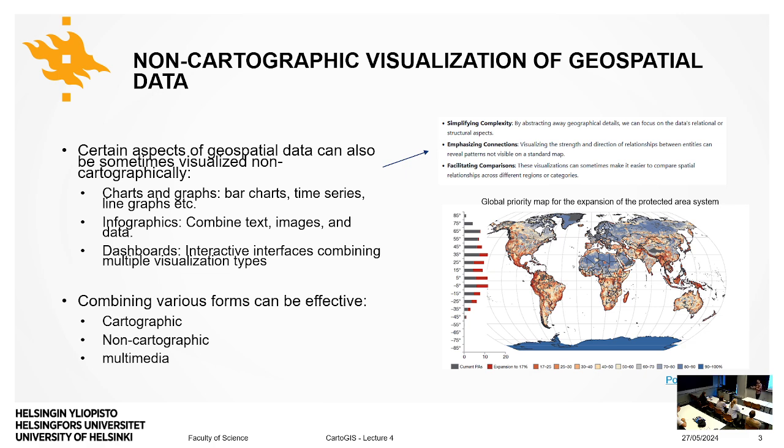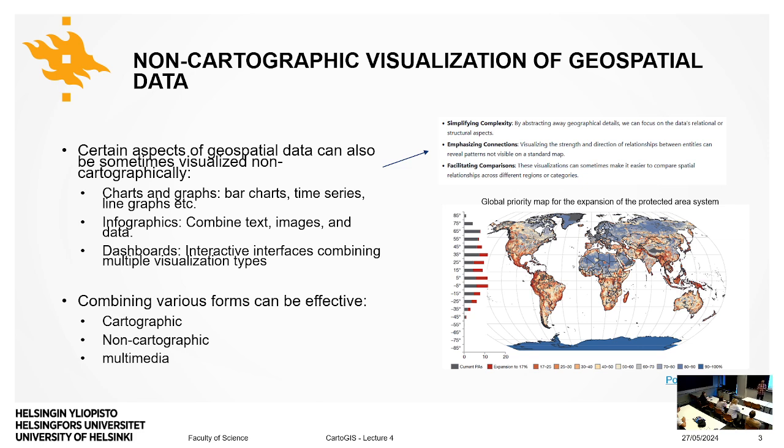This is, for example, something that they use in cities, like municipalities, for managing their data. They have this kind of GIS system, which very often provides a combination of cartographic and non-cartographic visualizations. And very often it is effective to combine various forms.